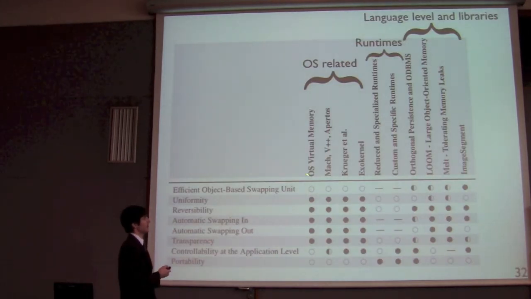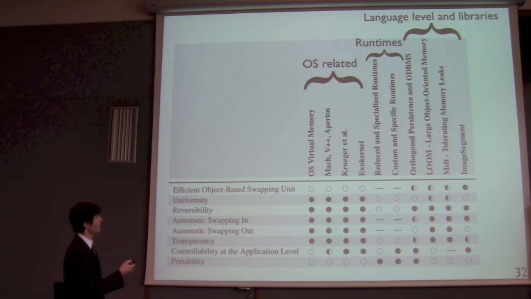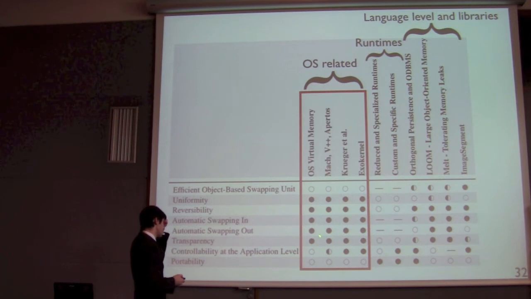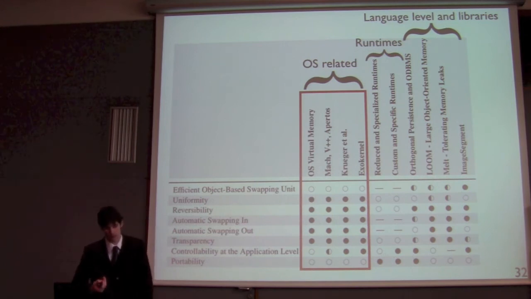So we have analyzed different related works, and evaluated them with all these criteria. There are different groups, so we try to group them. The first group is the operating system related works. The most complicated part is that they are really difficult to make application dependent.